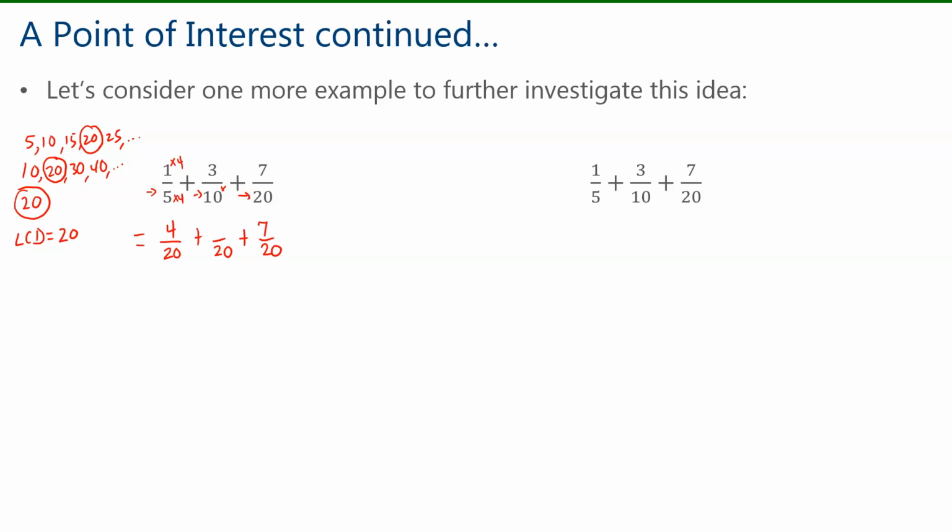An equivalent fraction for 3/10 would be 6 over 20, multiplying numerator and denominator by 2. Common denominator is 20. Add up the numerators. 4 plus 6 plus 7 gives us 17. 17 over 20, simplified, final answer.